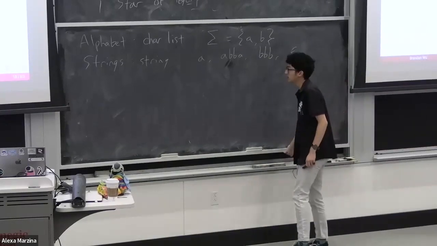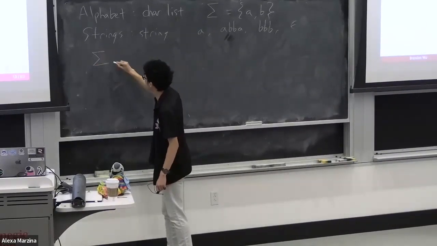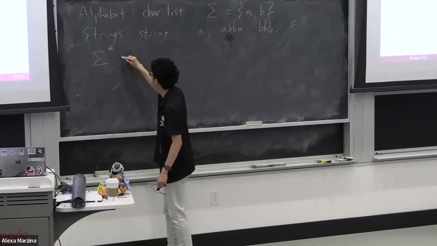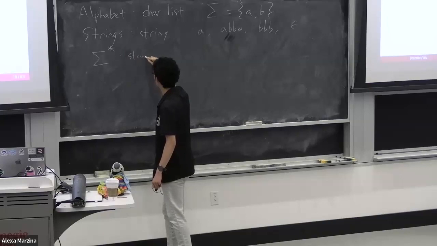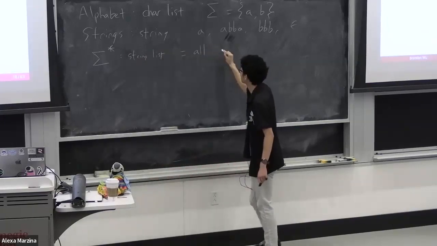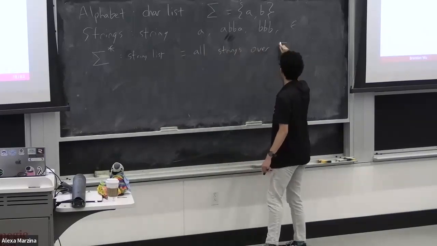Furthermore, let's introduce a concept called sigma star. If I have an alphabet sigma and I take the star of it, this is of type string list, and this is equal to all strings over sigma.